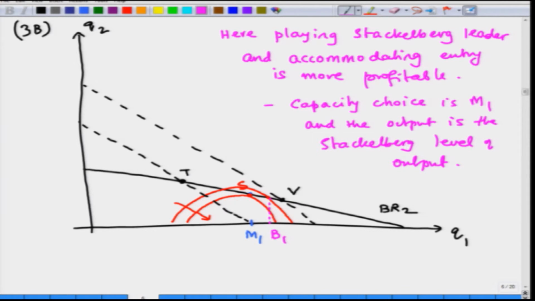So, the key takeaway here is by judiciously choosing its capacity in stage 1, the incumbent can deter entry in stage 2.